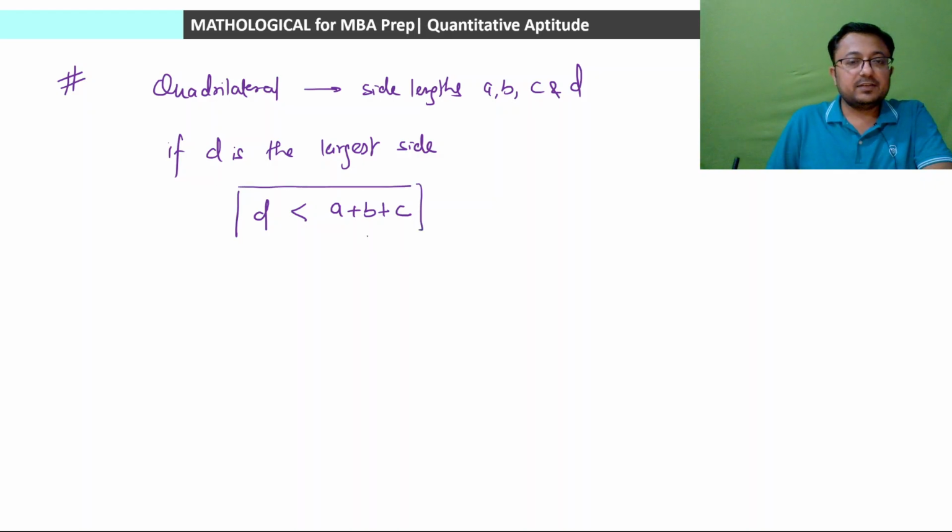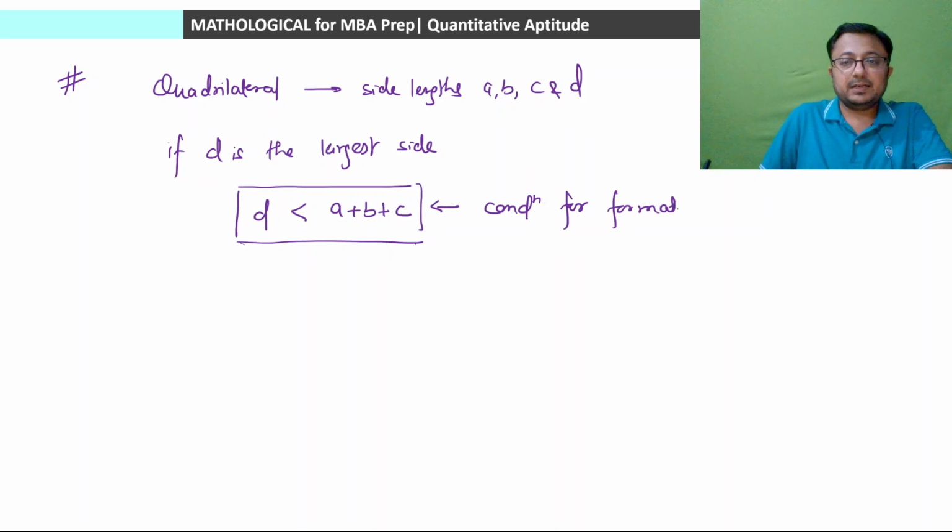Length of largest side should be less than sum of lengths of all the other sides. This is condition for formation of a quadrilateral. Quadrilateral तभी form हो पाएगा when the largest side is less than sum of all the other three sides. Okay.